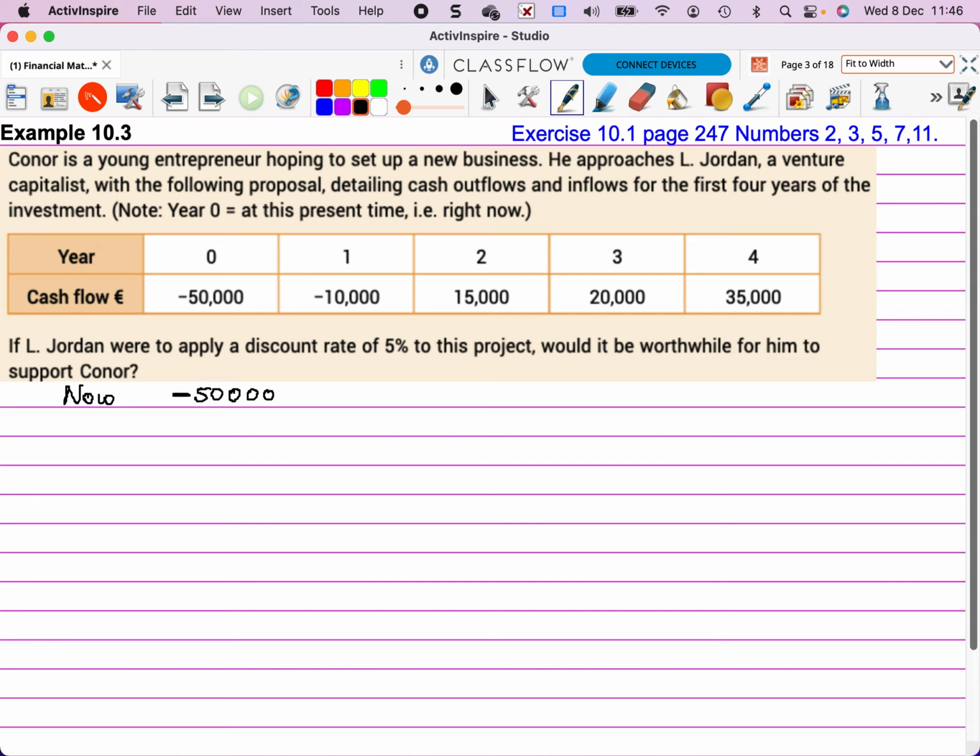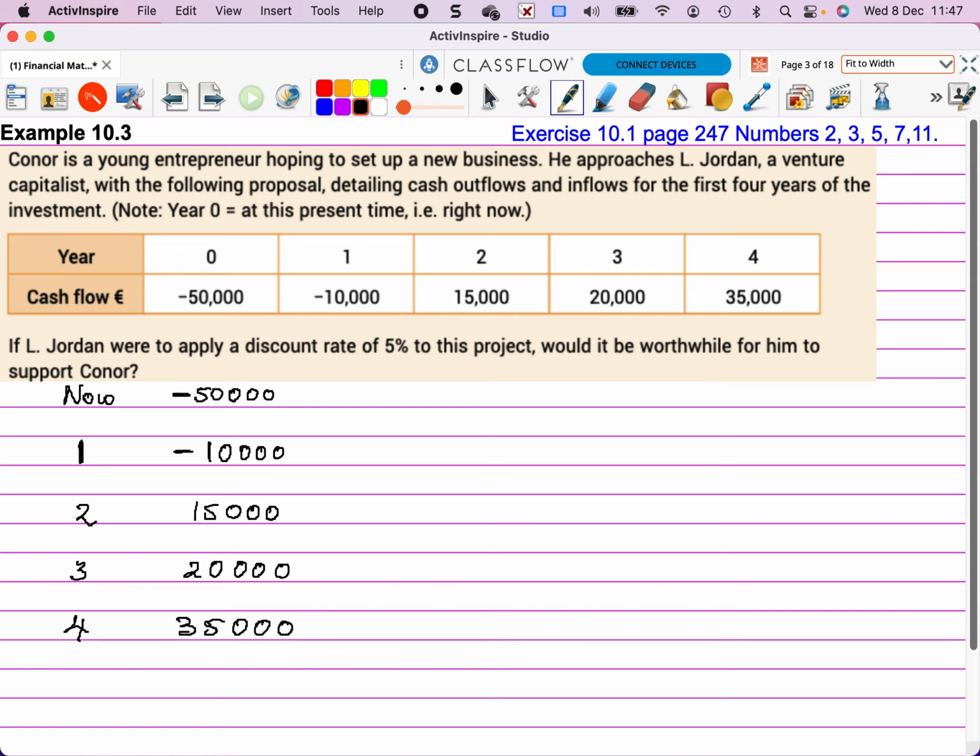What about in 1 year's time? Well, in 1 year's time, the investor is investing another 10,000. And in 2 years' time, they're going to gain 15,000. And in 3 years' time, they're going to gain 20,000. And then in 4 years' time, they're going to get 35,000.